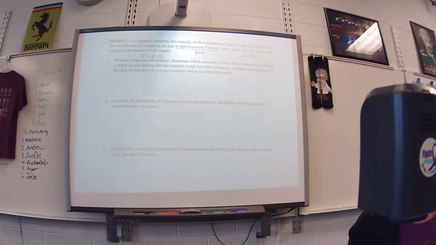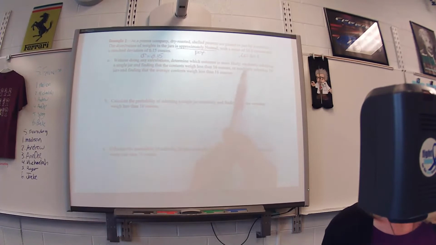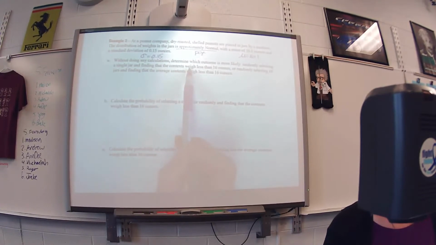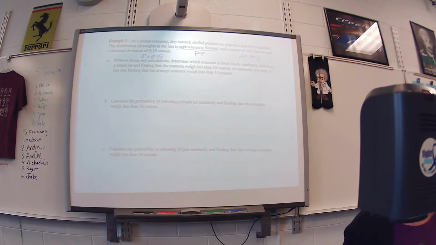Now, can you picture if a machine is just spitting out peanuts into a jar? Is every jar going to come out to be exactly 16.1 ounces? Very likely not, okay? Without doing any calculations, which outcome is more likely? Would it be more likely to select one jar and discover that the contents are less than 16 ounces, which is too low?